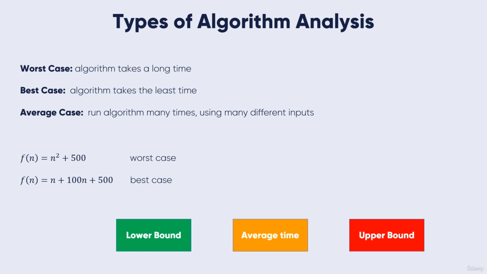Remember, as the order of n in the function increases, the algorithm's speed of execution will decrease.